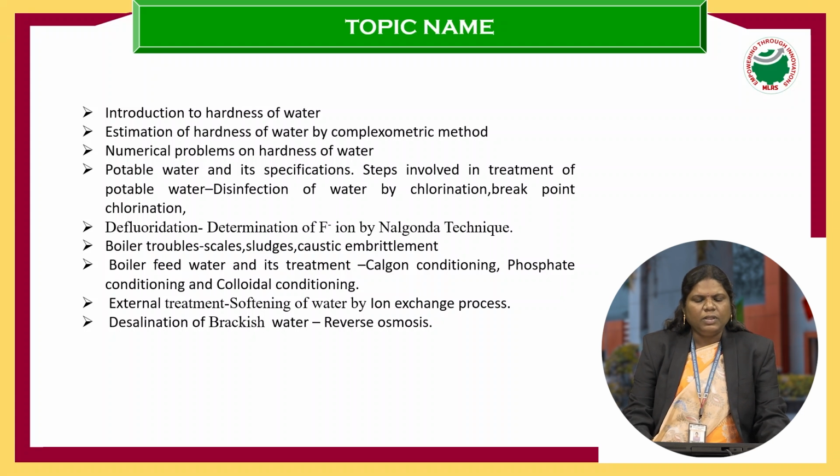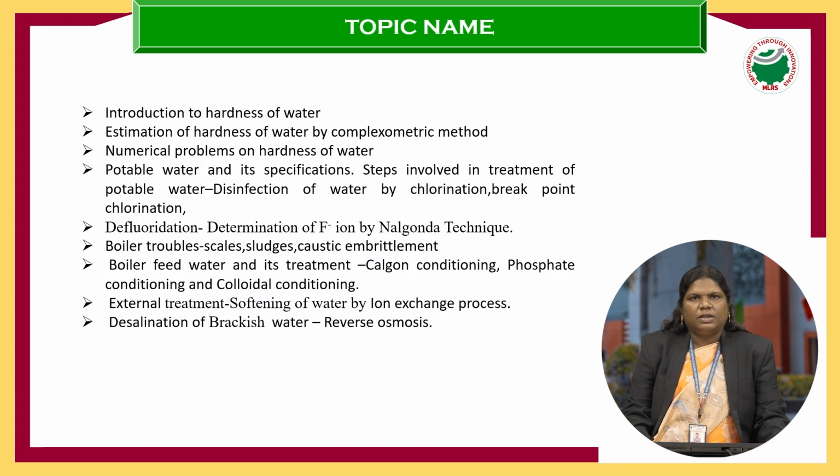Next, defluoridation and determination of fluoride ions by Nalgonda technique. Next, boiler troubles, scale, sludges and caustic embrittlement. Next, boiler feed water and its treatment. In that, we will learn about calgon conditioning, phosphate conditioning, and colloidal conditioning.